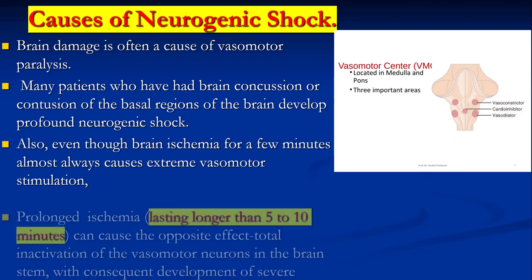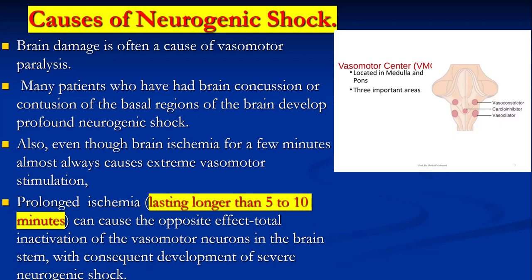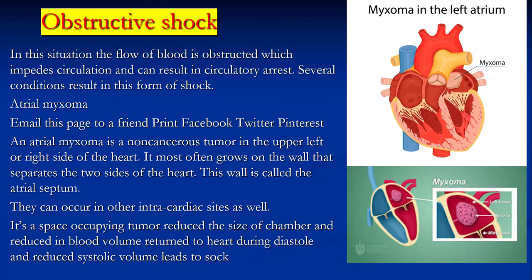Also, even brain ischemia for a few minutes causes extreme vasomotor stimulation. Prolonged ischemia lasting longer than 5 to 10 minutes can cause the opposite effect, total inactivation of the vasomotor neurons in the brain stem with consequent development of severe neurogenic shock.